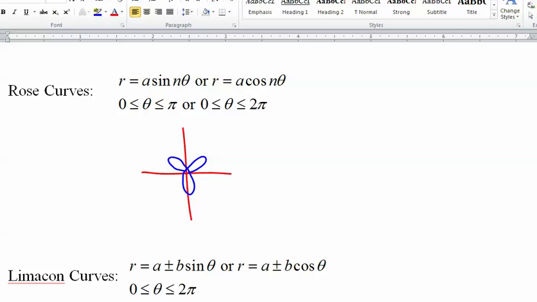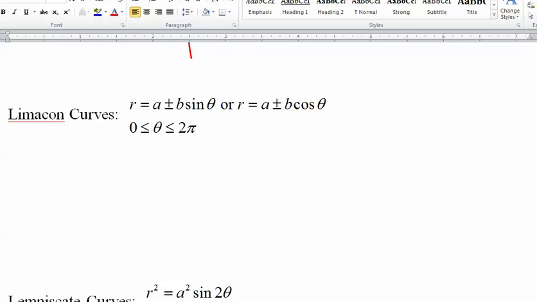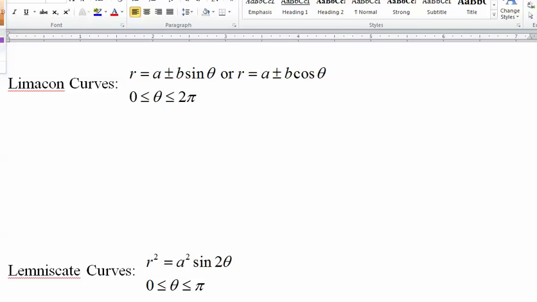You've got limaçon curves, which are all over the map. They can be vertical, they can be horizontal, they could be cardioids. They can have a loop. Get something like this. I keep forgetting to change colors here. And I'm not gonna lie, I thought that was a pretty good curve. So that's a limaçon with a loop. Notice I don't have the little tail on the limaçon up there.